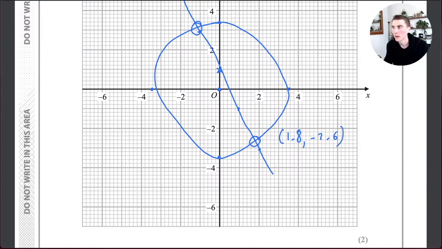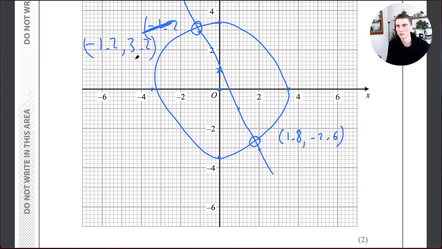And if we go up to here, this one is, on the x, about minus 1.2. And on the y, it's about 3, maybe 3.2. I haven't left enough space there, have I? Minus 1.2, and then 3.2.